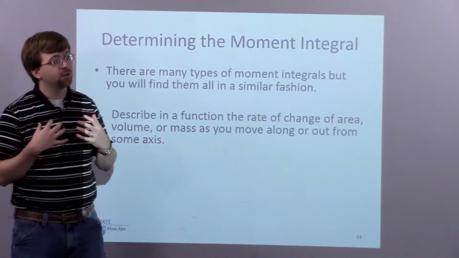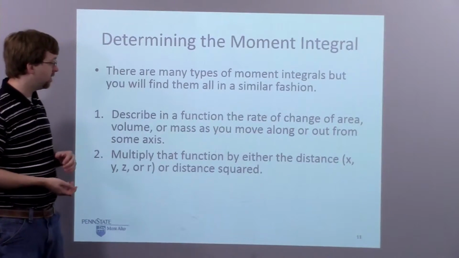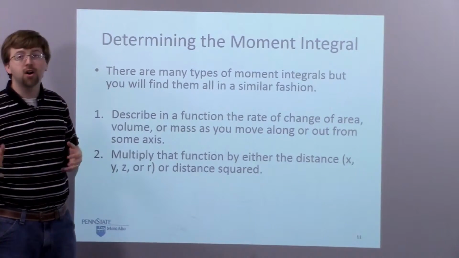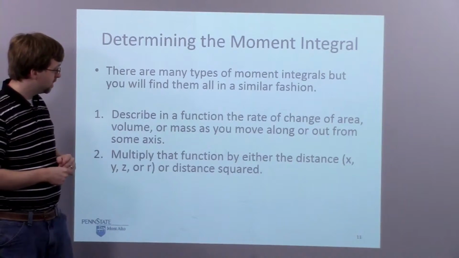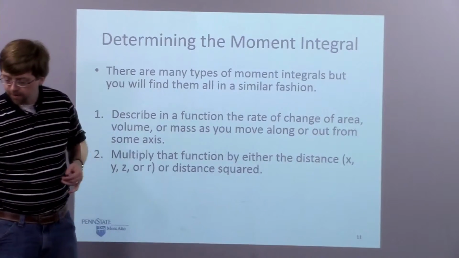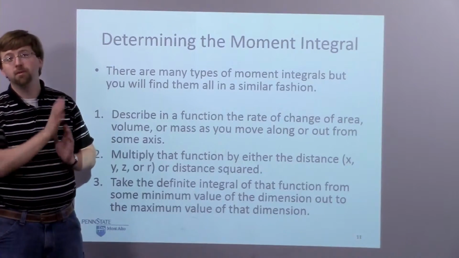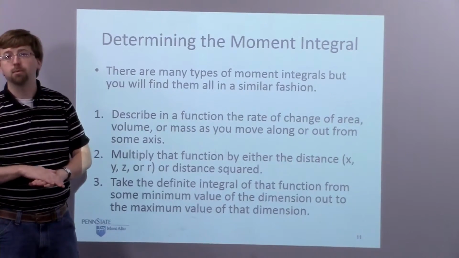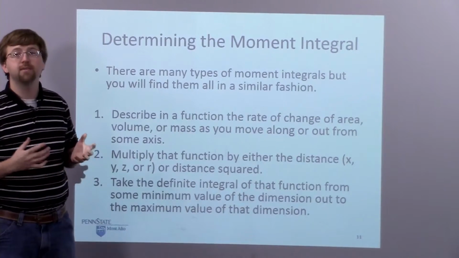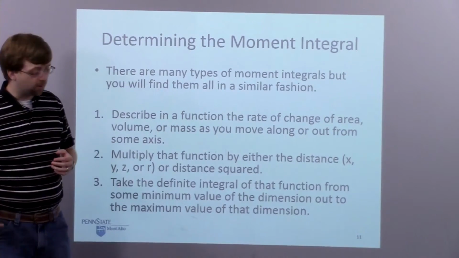And this is going to be the function we integrate. We need to first multiply that by the distance. This can be x, it can be y, it can be z, it can be r. It depends on our problem. So we take our original function, multiply it by our distance variable, and then we find the definite integral. We could be moving left to right, top to bottom, or from the center out, but we've got some definite integral that we're going to be taking for this moment integral.